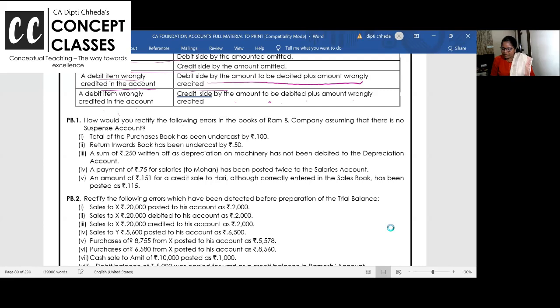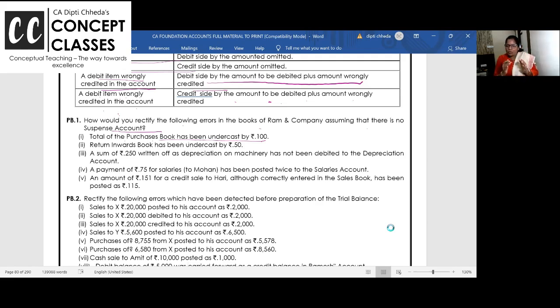How would you rectify following errors, assuming that there is no suspense account? No suspense account means that abhi tak trial balance is not prepared. Total of the purchase book has been undercast. Undercast means total is taken less.